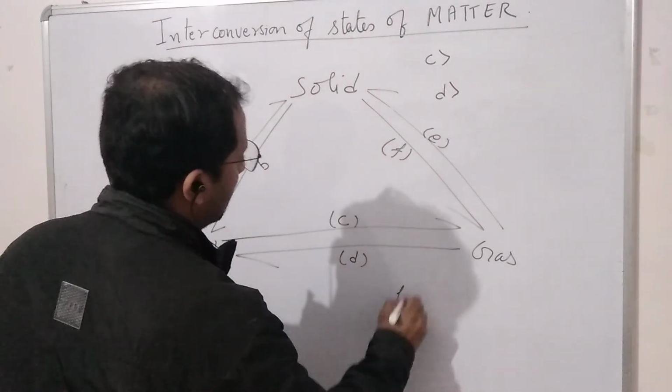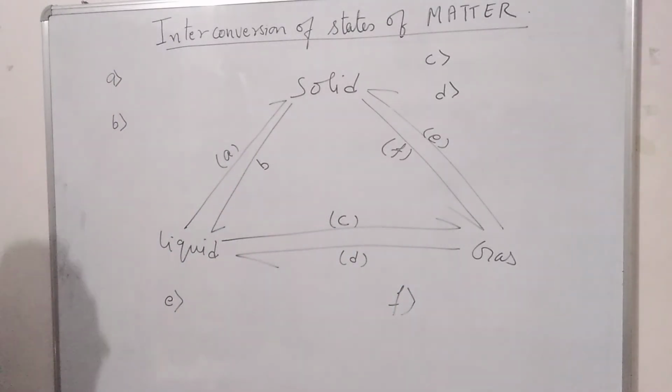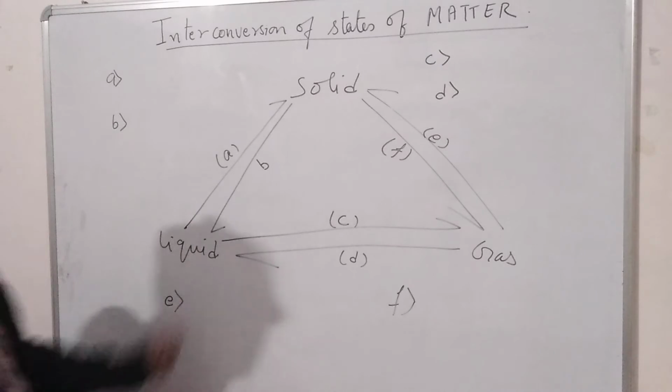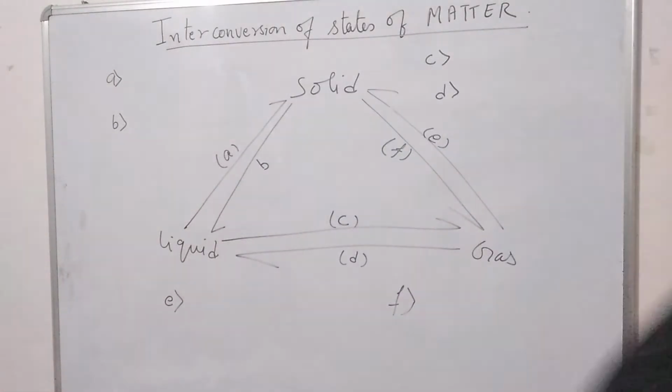The solid changes into liquid, liquid changes into solid, liquid changes into gaseous, gaseous state changes to liquid state, solid changes to gas directly, and gas changes to solid directly. We have studied all six types of interconversion of states of matter.